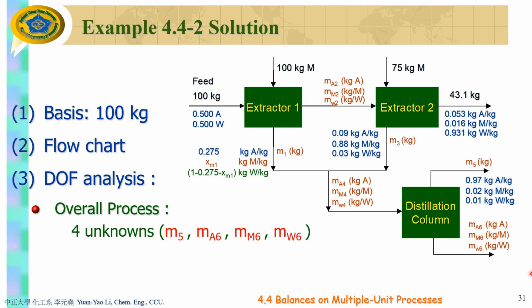The second direction is what? Specification, which is related to the relations between the unknowns of each stream. Do you have any specification in this example? No. So far, when you read the textbook example, there's no specification. So specification is 0. The third direction is physical laws: any density relations, any molecular weight.